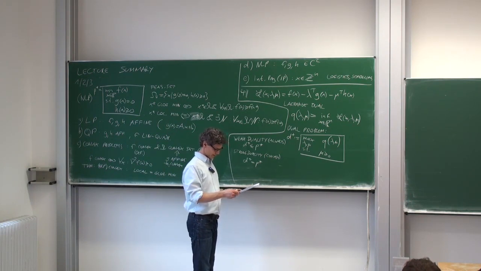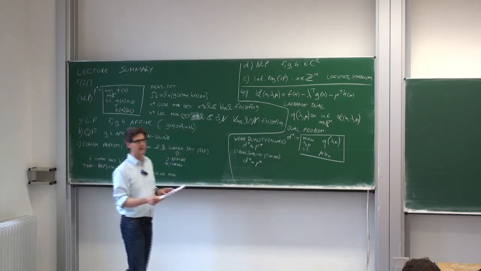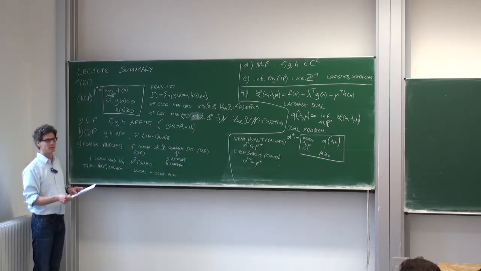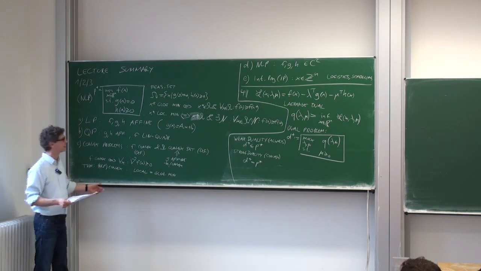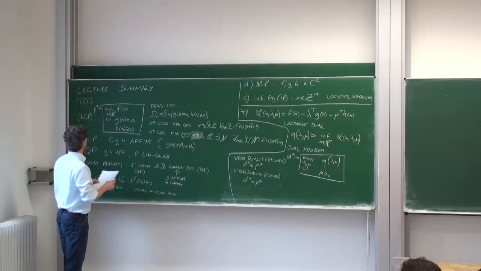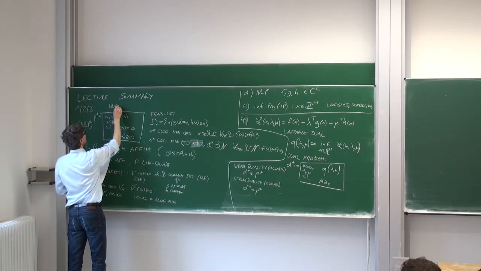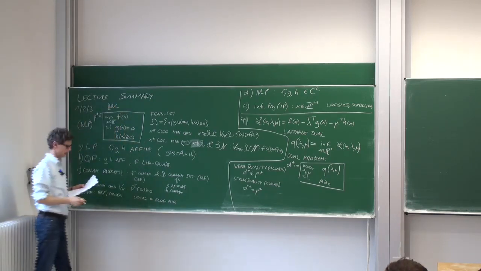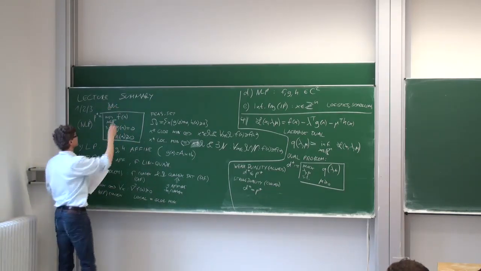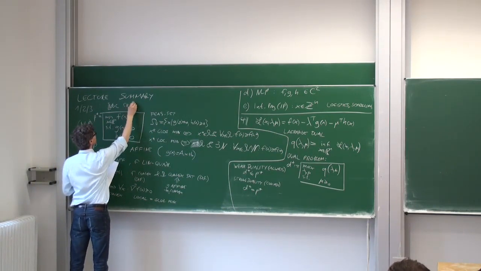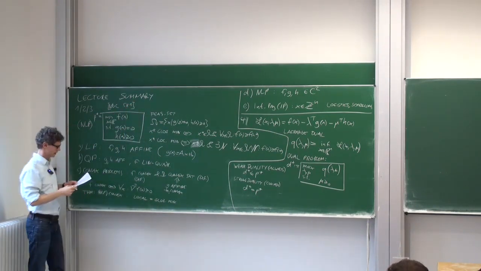I thought it's maybe nice to also indicate which chapters in the Nocedal book you could find information on these topics. If you just read chapter 1 in the Nocedal book, you would get a good overview of these topics.